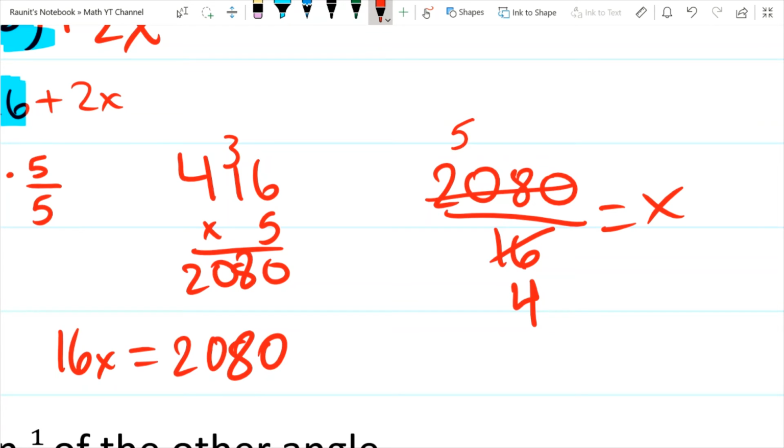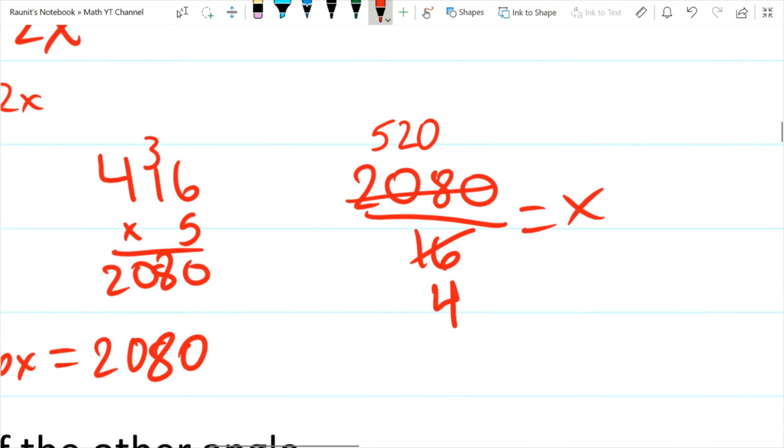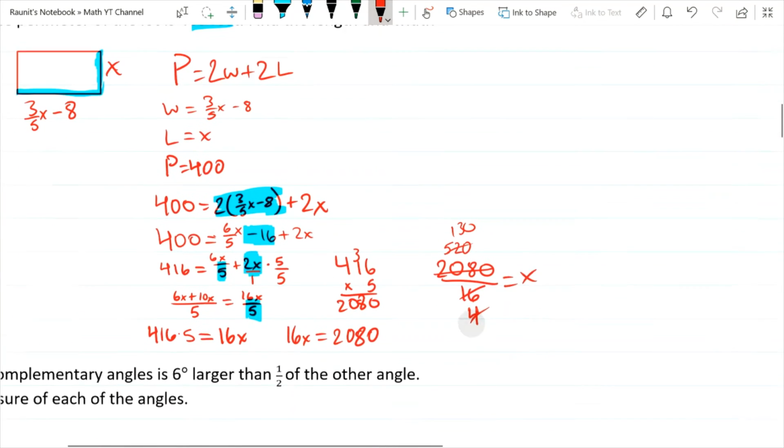We get 520 over 4, and that goes in with 13, so that's 130. So x is equal to 130, I think. Yeah, x is equal to 130, at least according to my calculations.